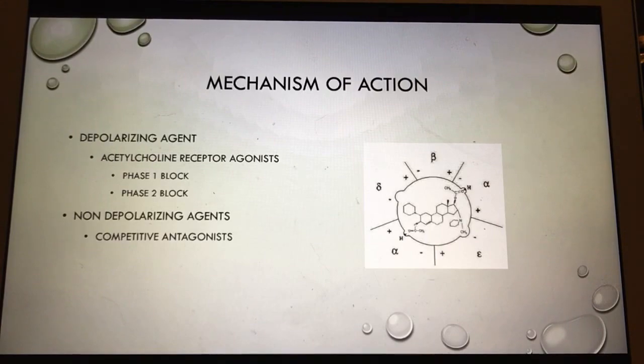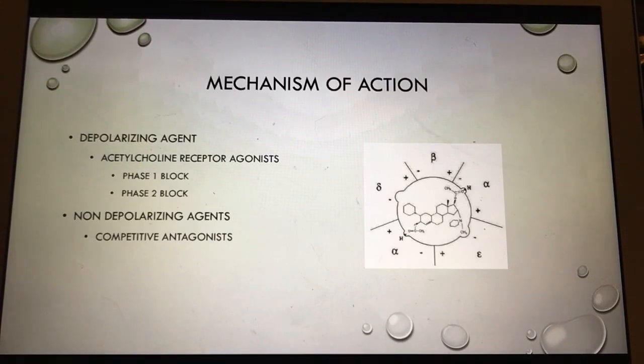Okay, so now we'll go into the non-depolarizing agents. These agents act as competitive antagonists. The mechanism of action that you'll see with non-depolarizing muscle relaxants, you'll see them bind to acetylcholine receptors, but they can't induce an ion channel opening.